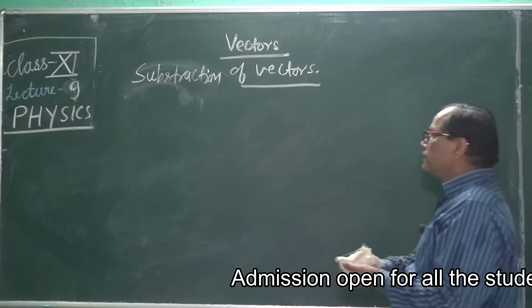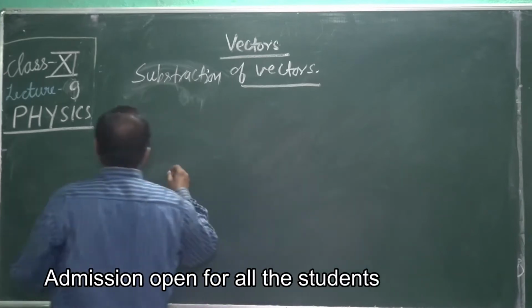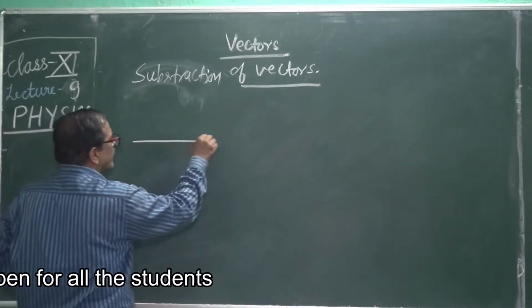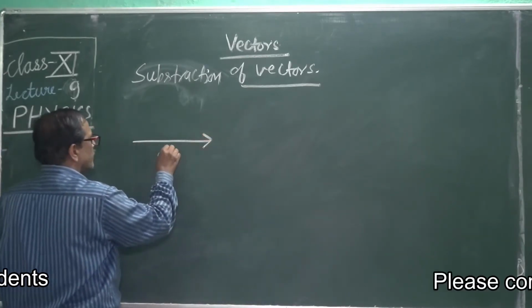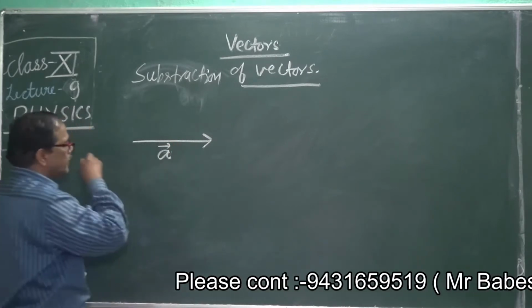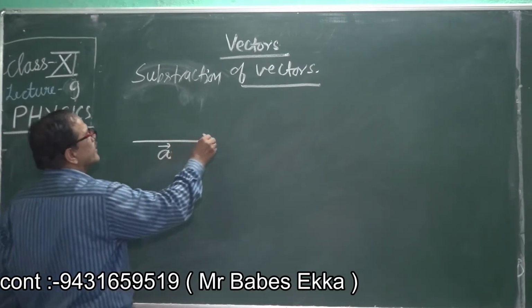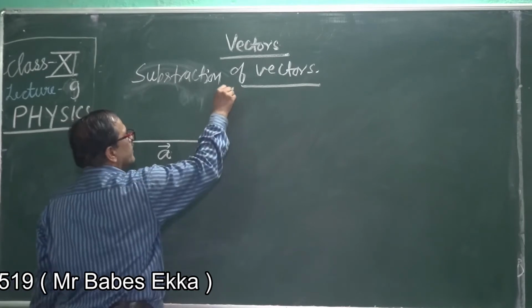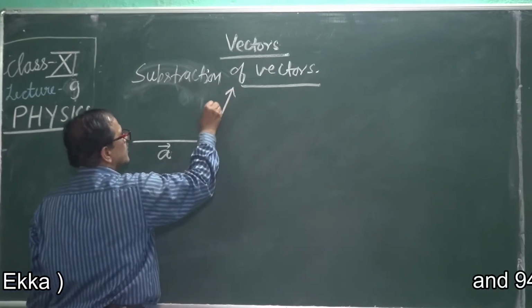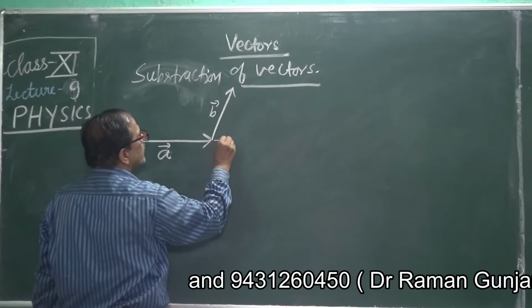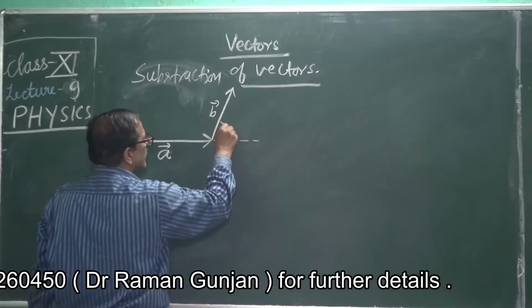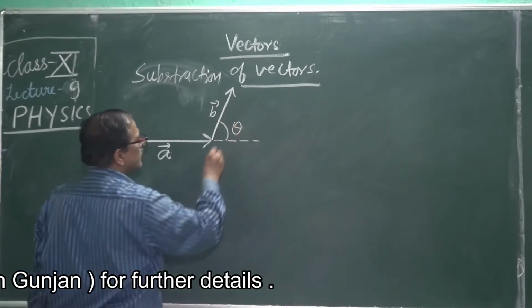See here, let there be a vector A, another vector B, and the angle between the two vectors is theta.